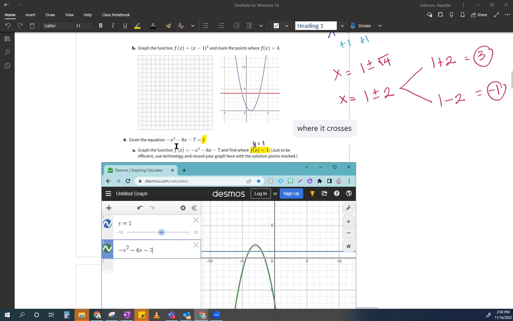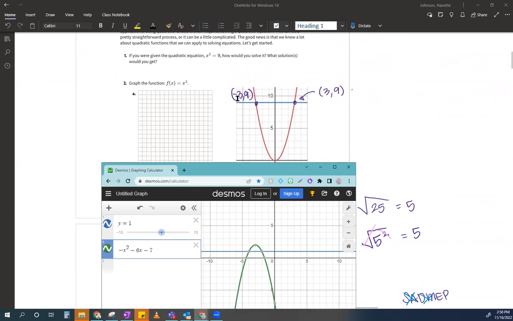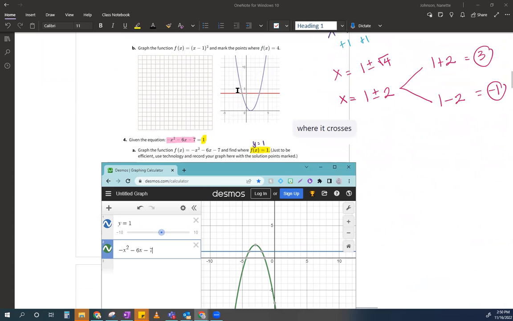Yes, it's the equation. Exactly. Very good. It's right here. So you just want me to graph each side of the equation? Yes, that's what we did up here, x squared and 9, then x minus 1 quantity squared and 4. So here we graphed negative x squared minus 6x minus 7 and 1.